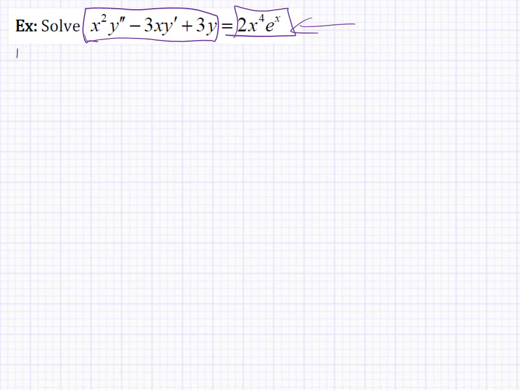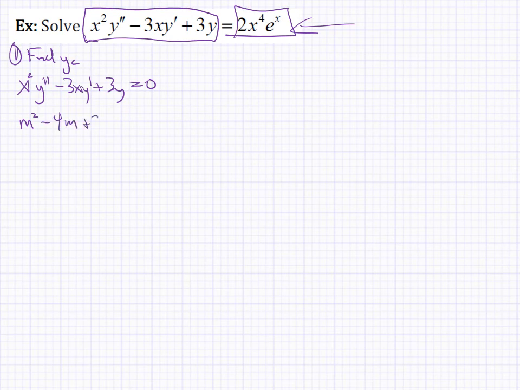So, first step, we want to find y sub c. So we solve x squared y double prime minus 3xy prime plus 3y equals 0, in which case we're going to get our auxiliary equation to be m squared b minus a, so in this case it's going to be m squared minus 4m plus 3 equals 0.